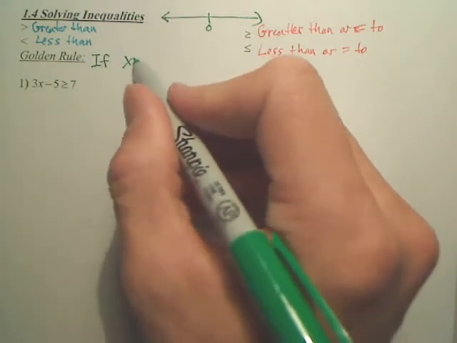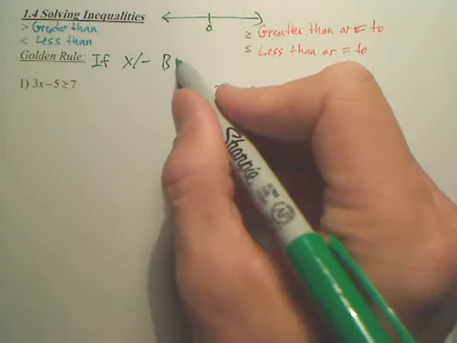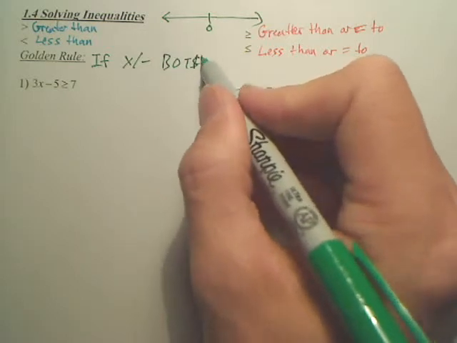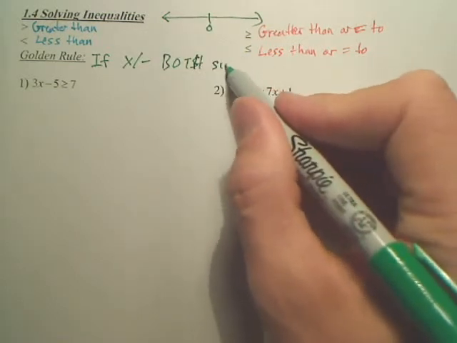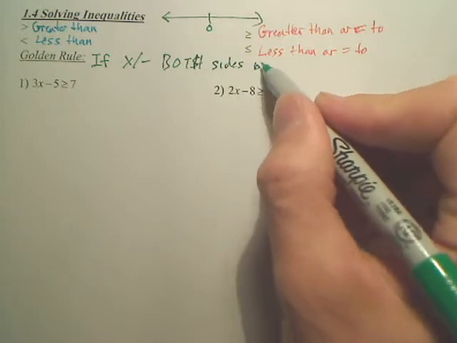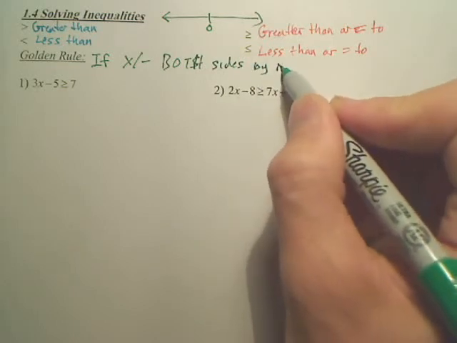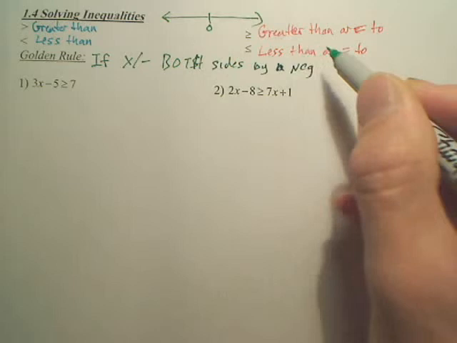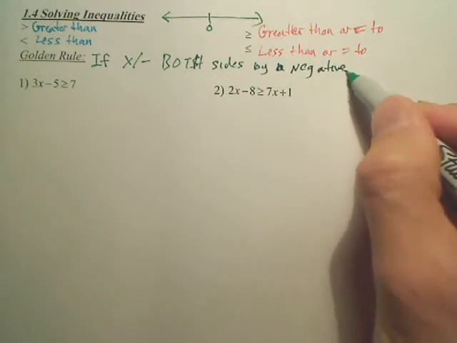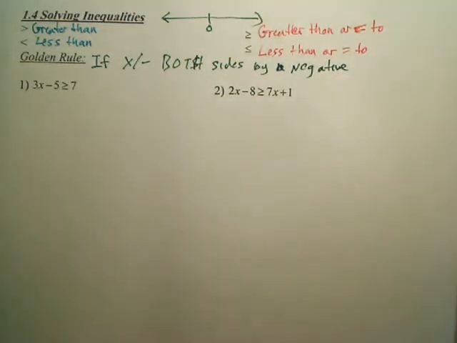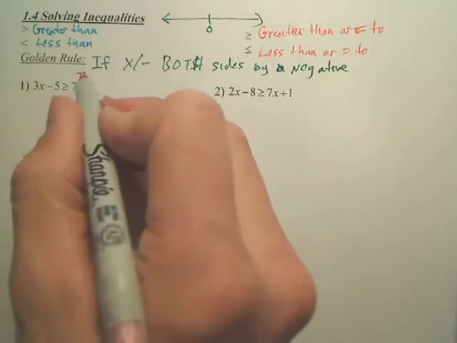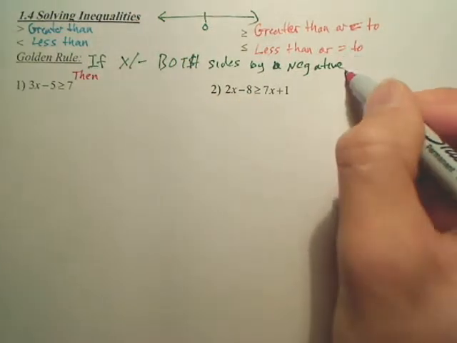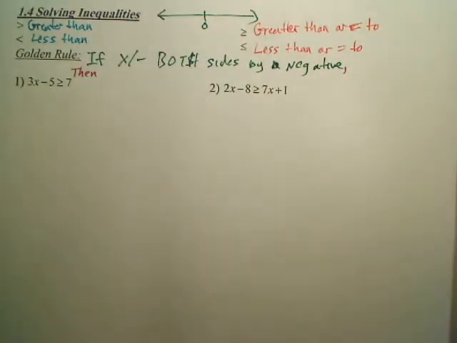If you multiply or divide both sides by a negative, then what's going to happen? It's a conditional statement.